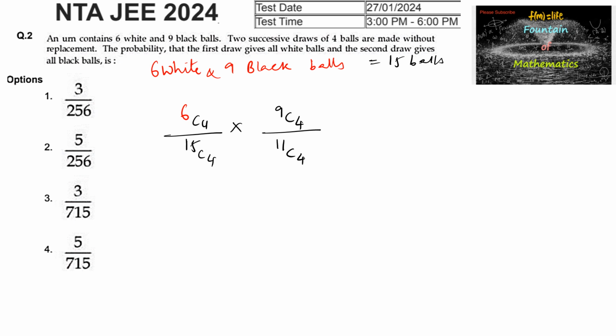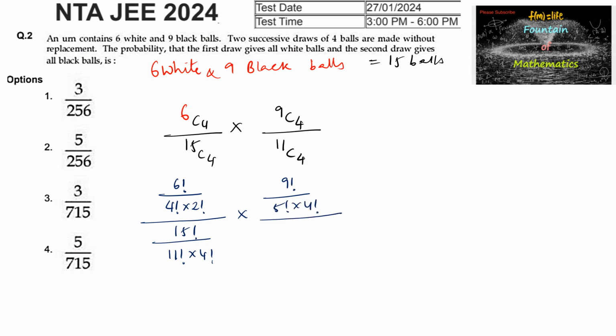On simplifying, we can get 6 factorial by 4 factorial into 2 factorial, whole divided by 15 factorial by 11 factorial into 4 factorial, into 9 factorial by (9 minus 4) 5 factorial into 4 factorial, divided by 11 factorial by (11 minus 4) 7 factorial into 4 factorial.